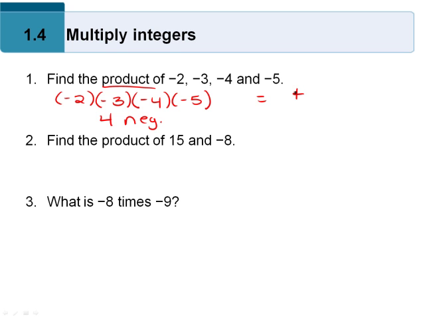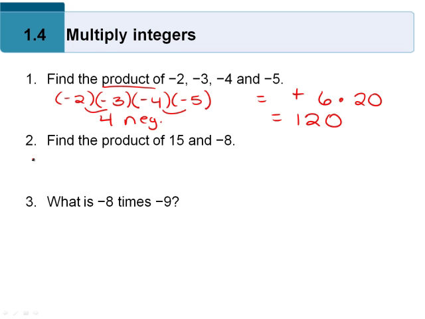So if we go back and group these, 2 times 3 is 6, and 4 times 5 is 20. So then 6 times 20 would give you a positive 120.